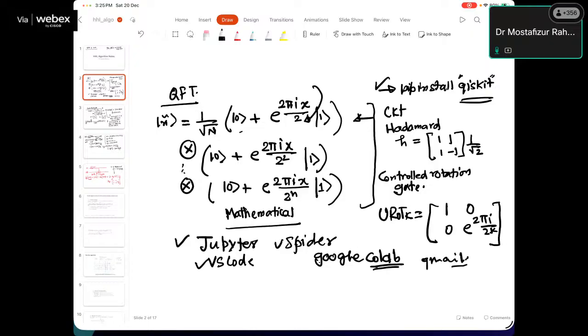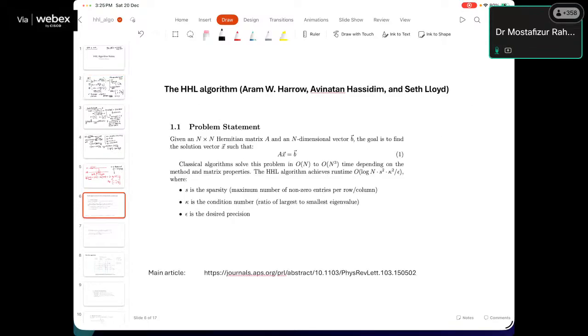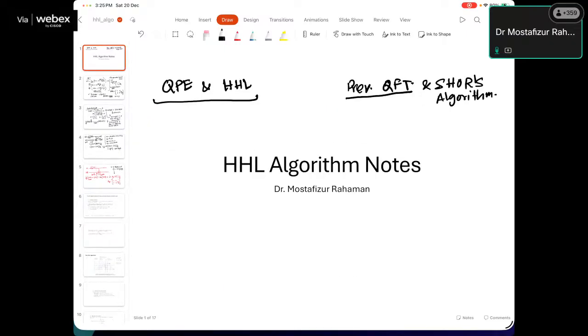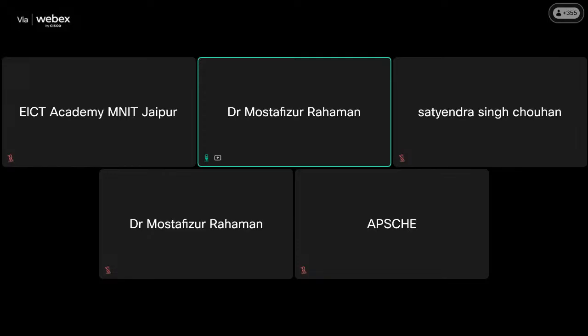So I'm stopping this theory part here. I'll come back again for the QPE and the other presentation part for today, like the HHL algorithm. So let's go back to this coding part.